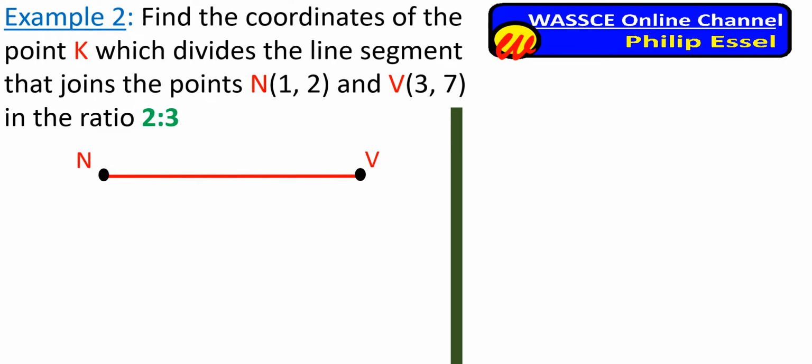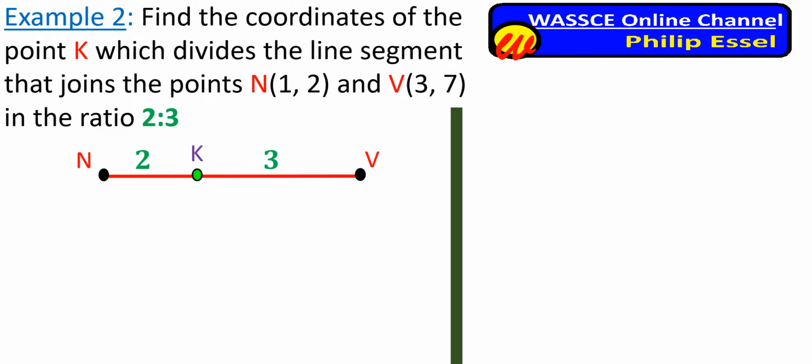We will first draw our line segment NV. We will then show the point K which divides the line segment NV into the ratio 2:3.